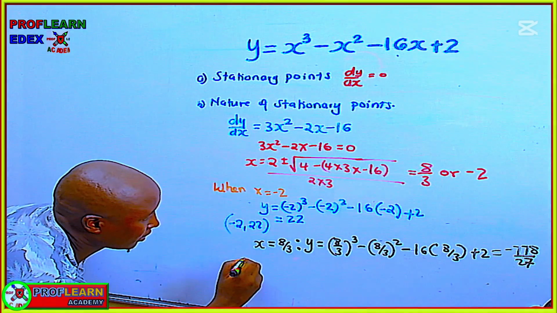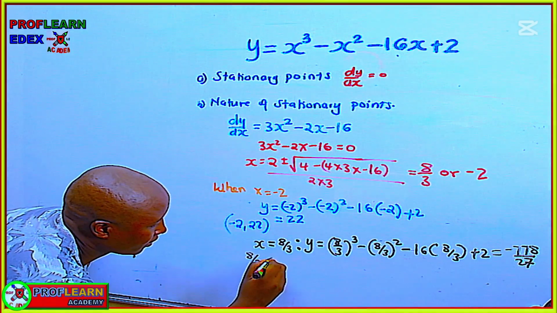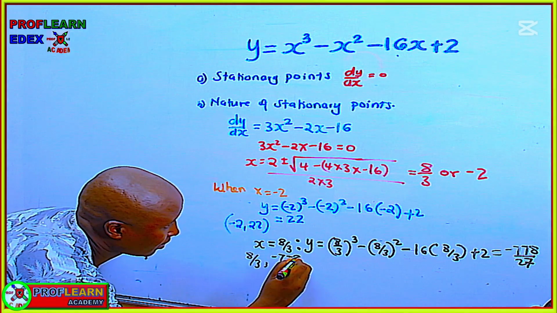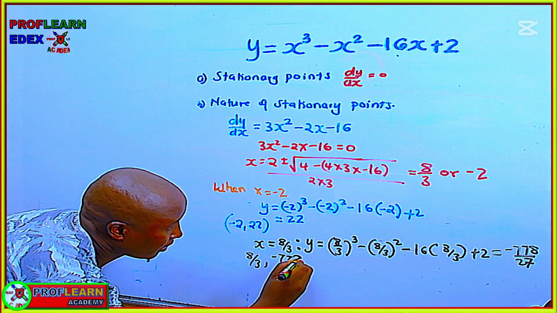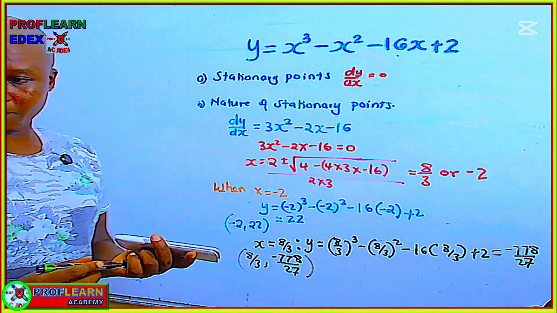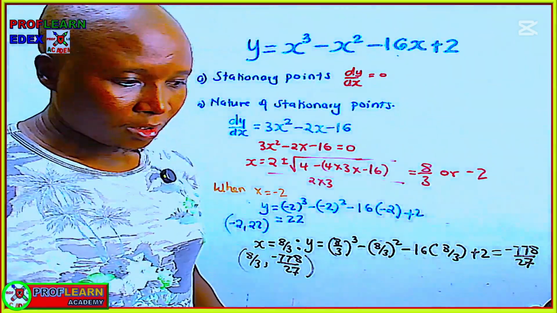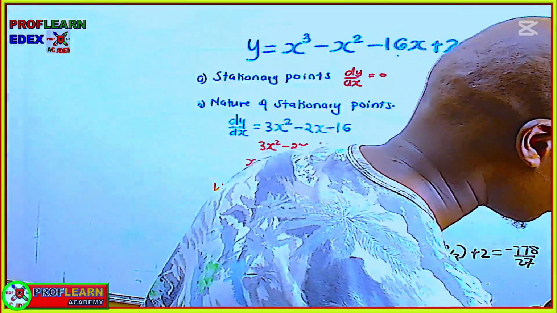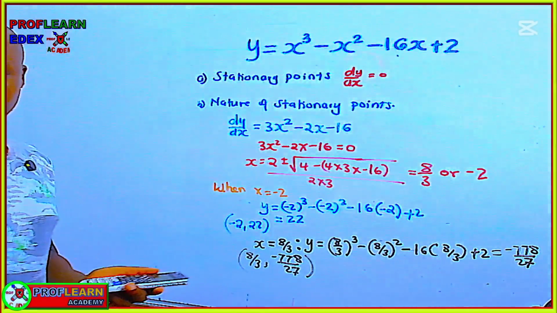And therefore we shall say this is 8 over 3, negative 778 over 27 in exact form. So basically that's what you are supposed to do to state the stationary points.